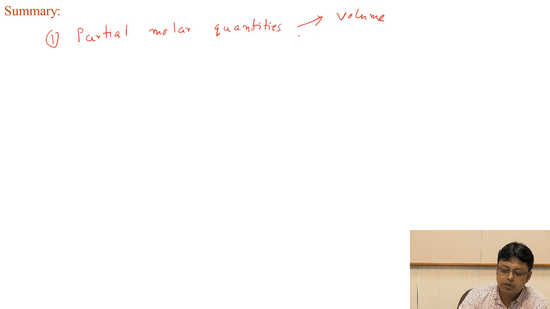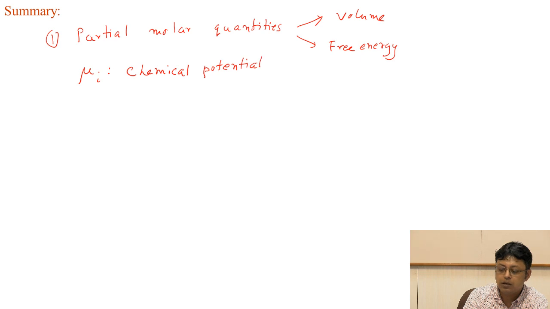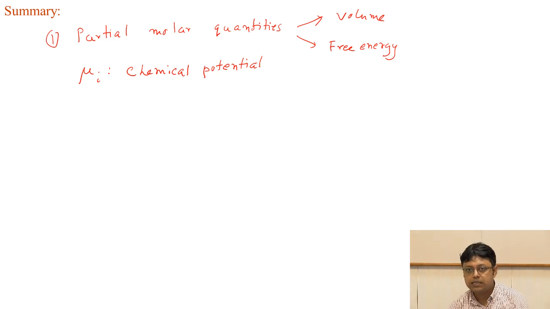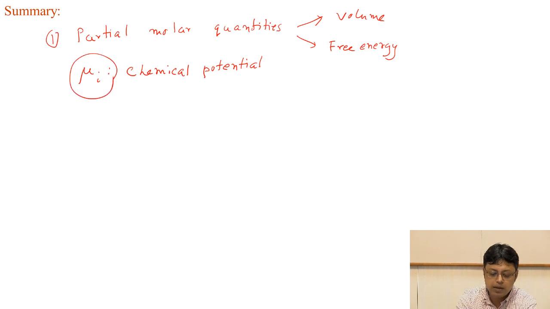We discussed the partial molar volume, and then we switched to the partial molar free energy, and we discussed that this free energy change, which is basically the chemical potential, is a very general concept, and it is not that you always have to express it in terms of Gibbs free energy. You could also express it in many other things like the internal energy, enthalpy, and so on. So mu i is a very general thing, and then we derived an expression for mu i.